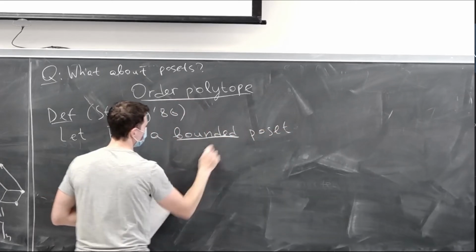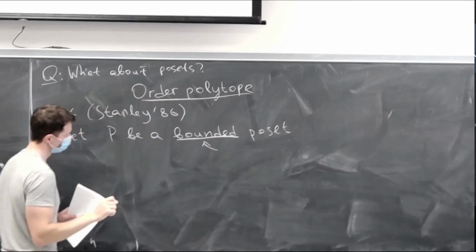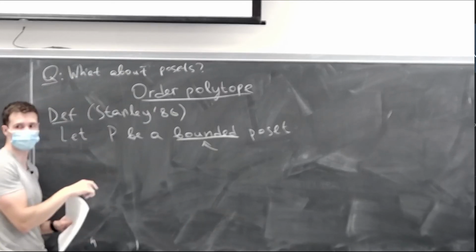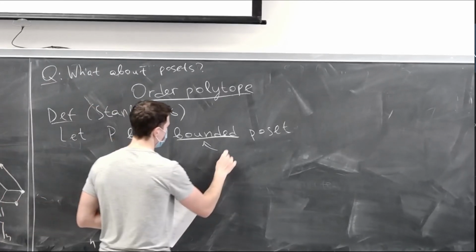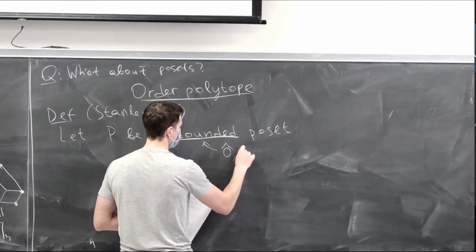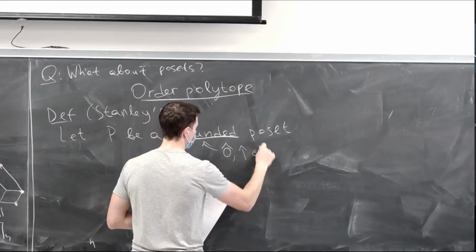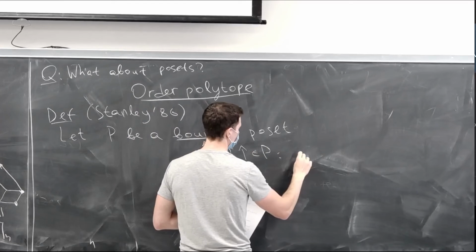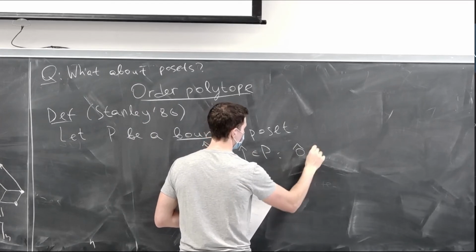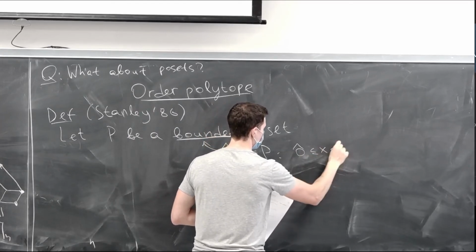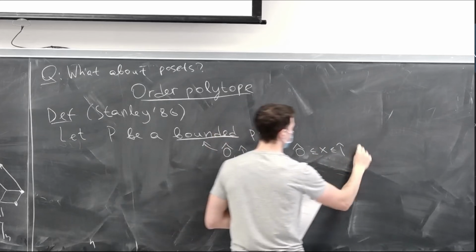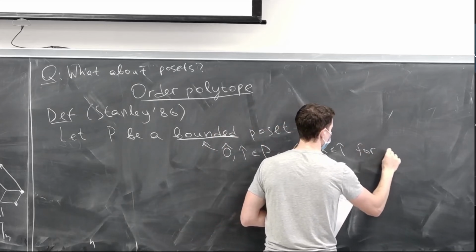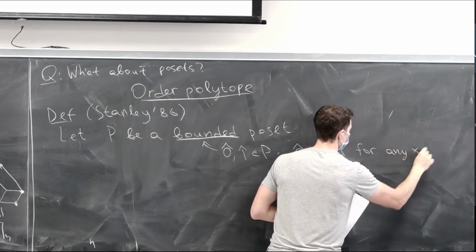Bounded means that P contains a minimal element and a maximal element. The minimal element is denoted 0 hat, the maximal element is denoted 1 hat, and they satisfy that any x in P is between them.